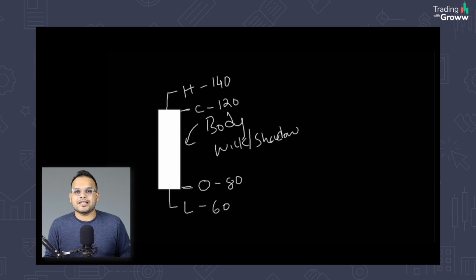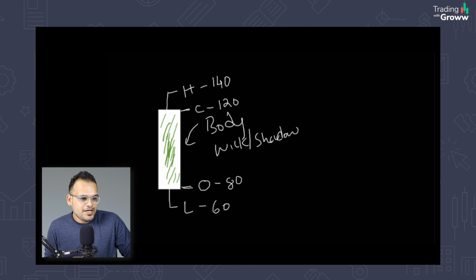But here is the catch. It does not just represent the data points. If you look at the overall pattern here, it is representing the psychology and the strength between the buyer and the seller. So for example, in this case, let me mark the body with a green color. Color indication is important. Basically this is a positive candle. How am I saying that?